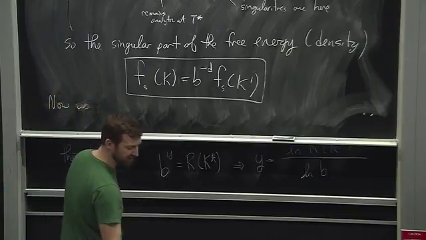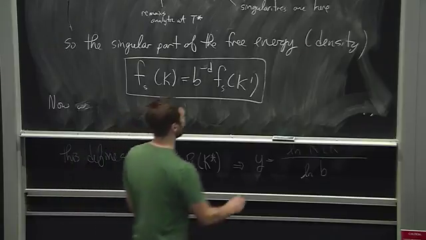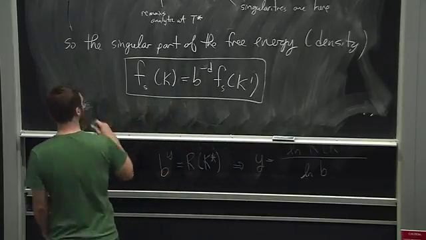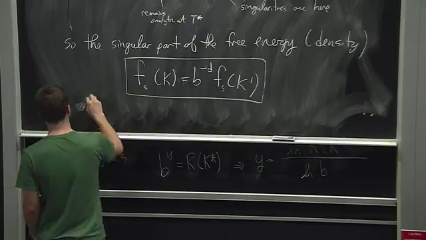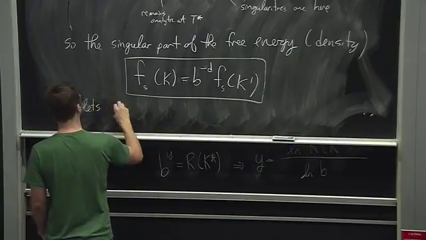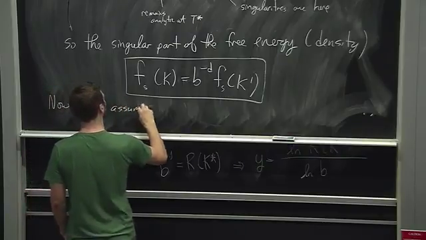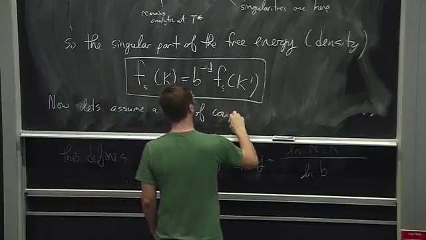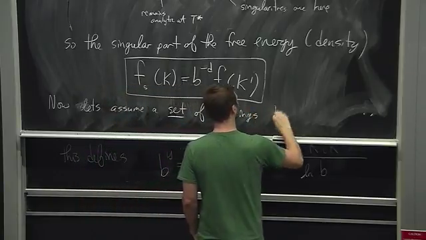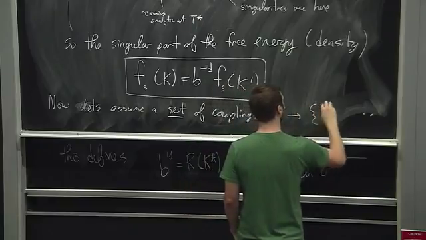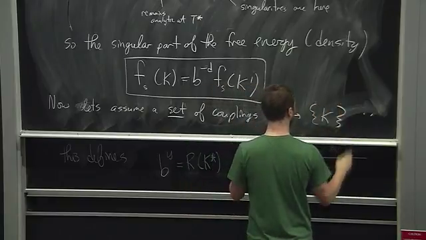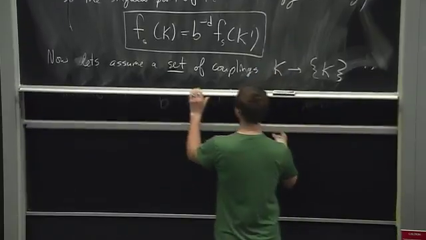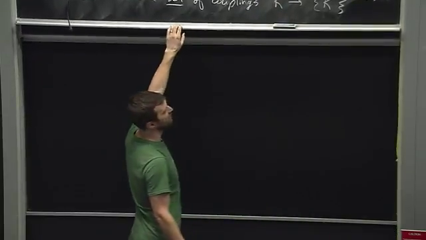So each one of these K's is now a set. Okay, and that set can include all sorts of things.